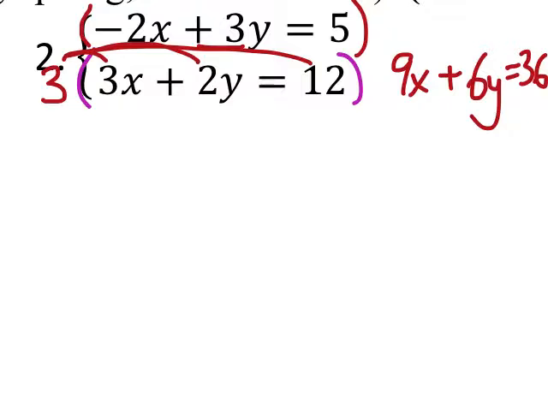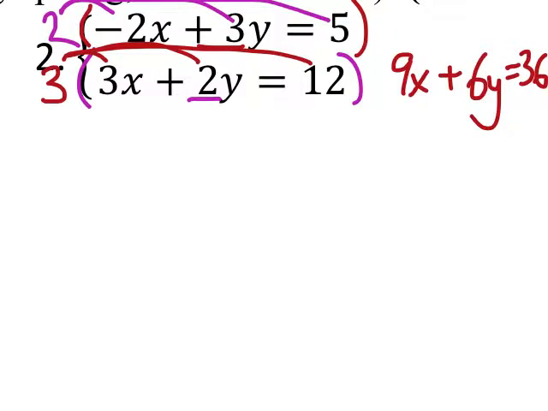Now, we've got to multiply the top equation by the opposite coefficient of y. In this case it is 2. So I'm going to take a 2 and multiply it into this parentheses. And that will give me an equivalent equation but it will give me at least the same coefficient of y, because that's what I have chosen to eliminate.